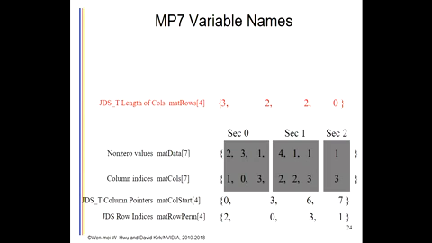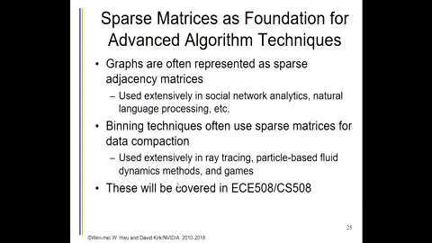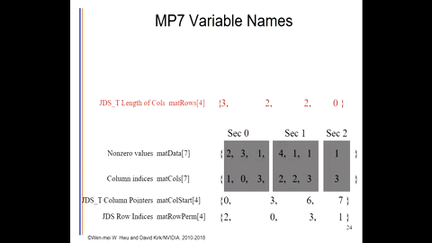I would call them column index rather than columns, but that's okay. You know what, sometimes the TAs are little TAs. So that's fine. So matrix cols is the column index from the previous slide, and then the column pointer. The column pointer is called matrix column start, which is okay.